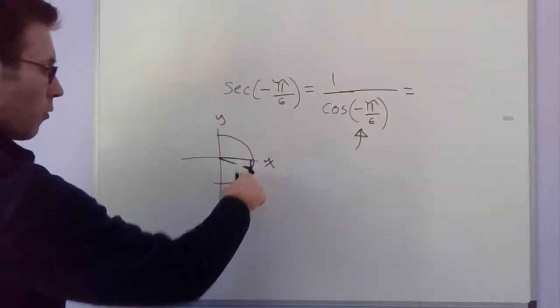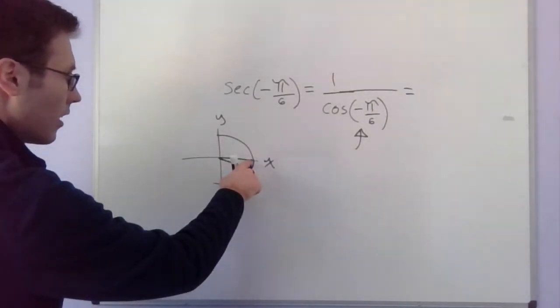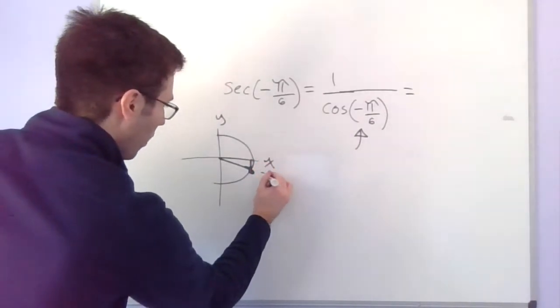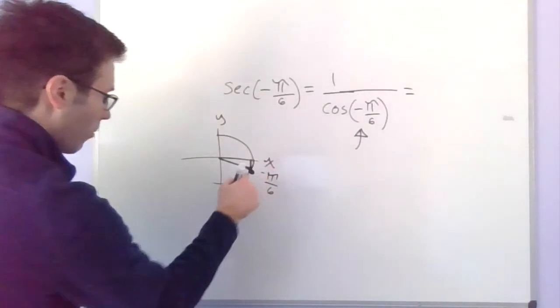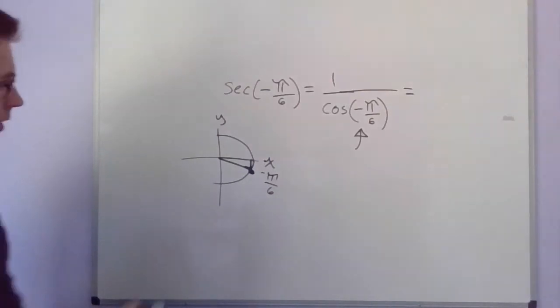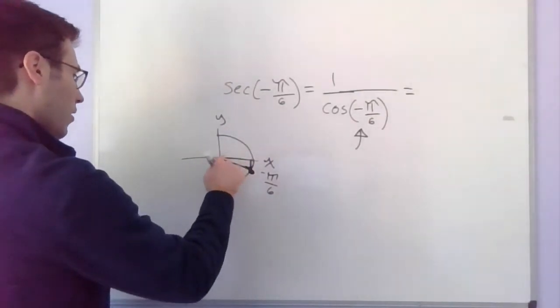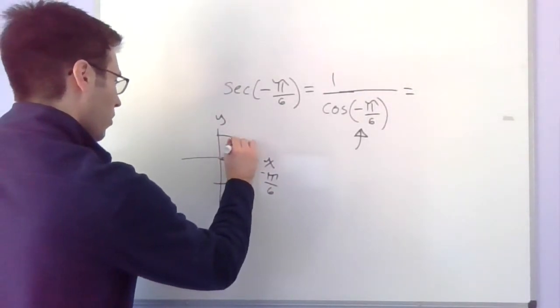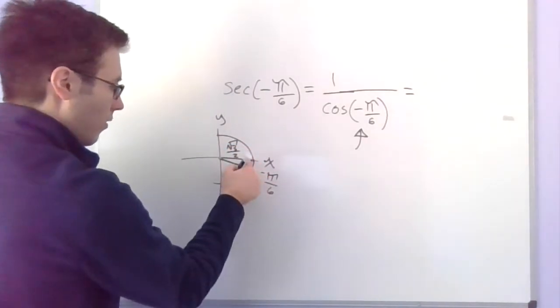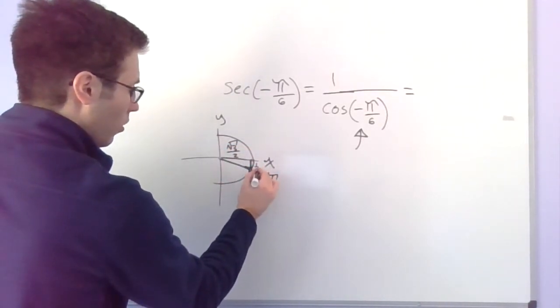This is the longer side, because this is negative pi over 6 as far as our measure, our arc length around. So this value right here is going to be square root 3 over 2. And this value is the shorter side, so this is 1/2.